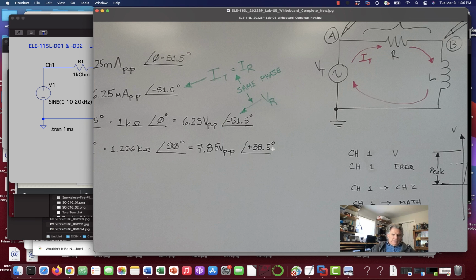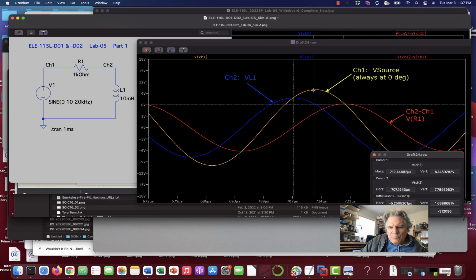We calculated, and this is not a highly accurate measurement with these cursors on this picture, we got 37.8 degrees, so we're pretty close there. Now, let's see. So we're saying that this voltage across the inductor is leading us by about 38 degrees.